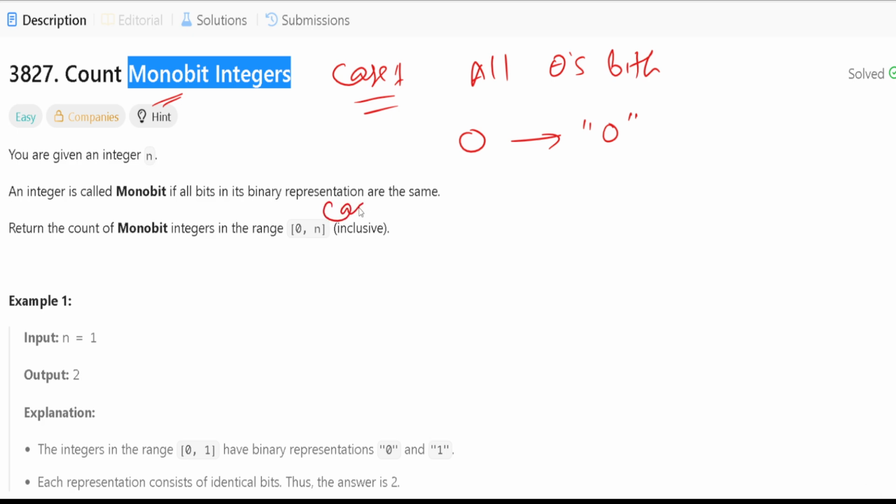And in all other cases, all bits are ones.